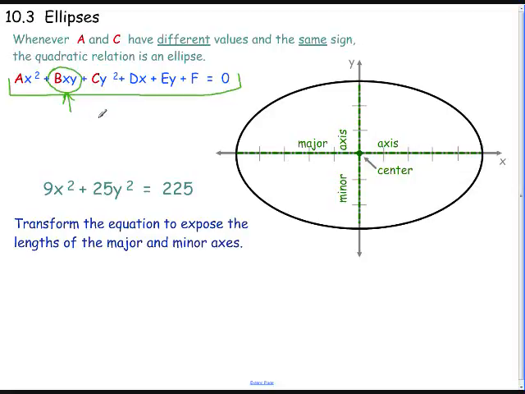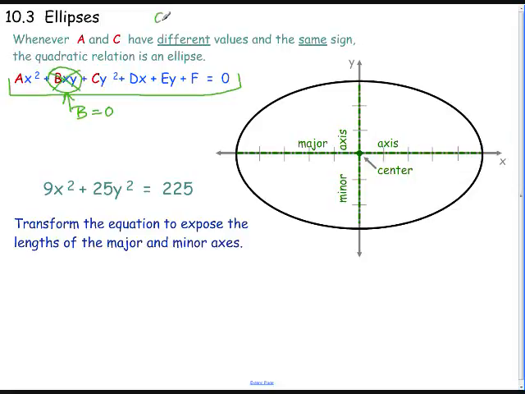You will encounter this in more advanced math classes. We're not going to have any equations that have b equal to anything other than 0. We will always have b equal to 0. What does that mean? That means you're not going to see this term showing up. In an ellipse, oh, wait a second, let's go back.